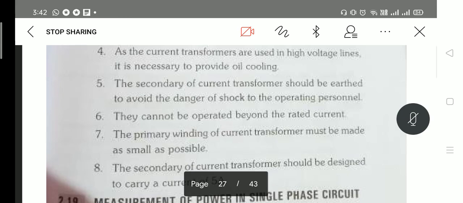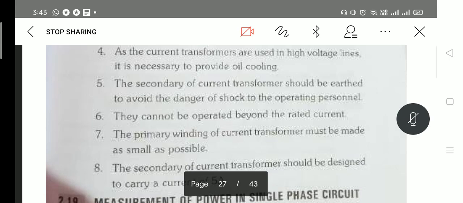Next point is, they cannot be operated beyond the rated current. For example, if we use 100 to 200 amps of current, that is the purpose for which we use that current transformer, and we design the instrument only to those limits. If we use more than 200 amps, it will be damaged.